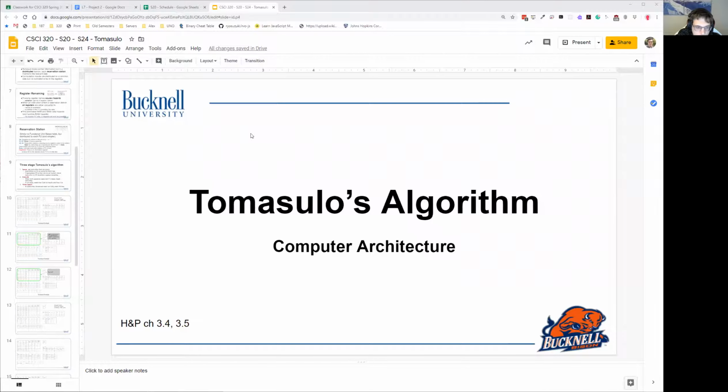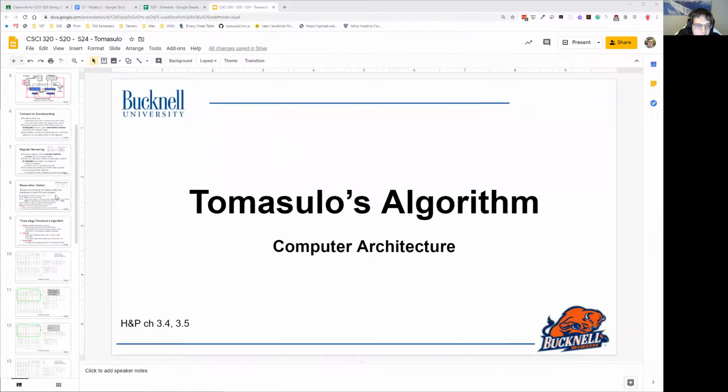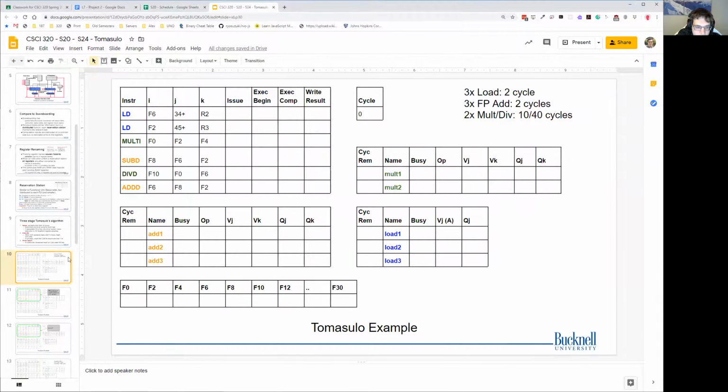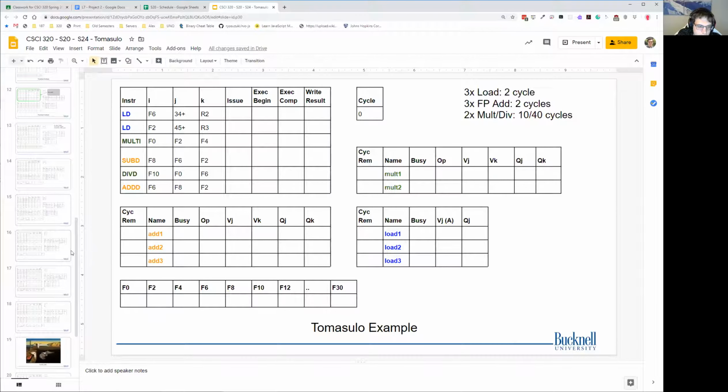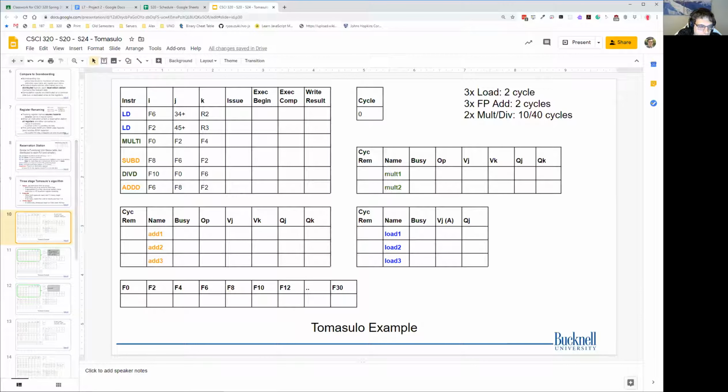In this first one, we are talking a little bit about the background. In the second one, we go through an example, just like we did with the scoreboard. And in the third video, I'm demonstrating what is happening on the hardware side.